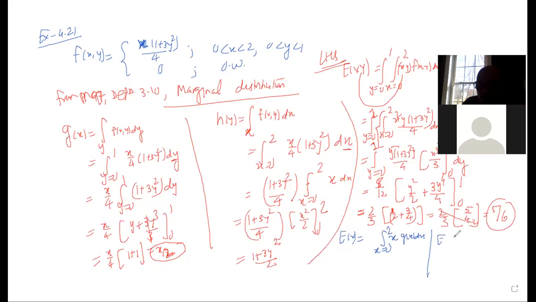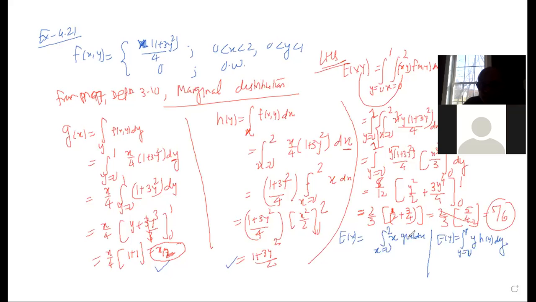And E of Y is the integral for y from 0 to 1 of y and h of y dy. That's the reason I figure out my X and Y separately.